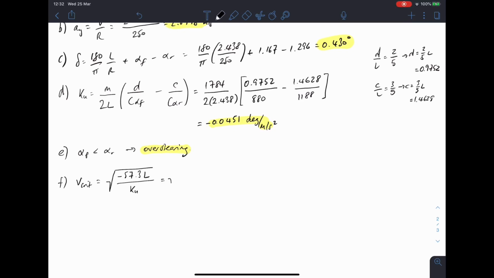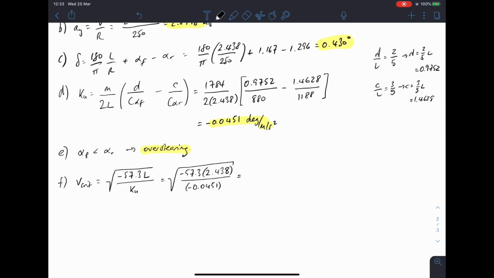And if we were to go through the motions, so we've got minus 57.3, L is 2.438, divided by Ku, which is minus 0.0451.